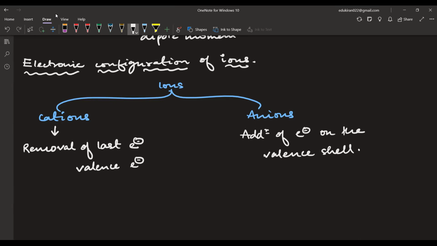Got it, everyone? So if you have A and you want to make a cation, you will remove one electron from the valence shell and you will get A positive. For anions, you have to add an electron and you will get A negative.